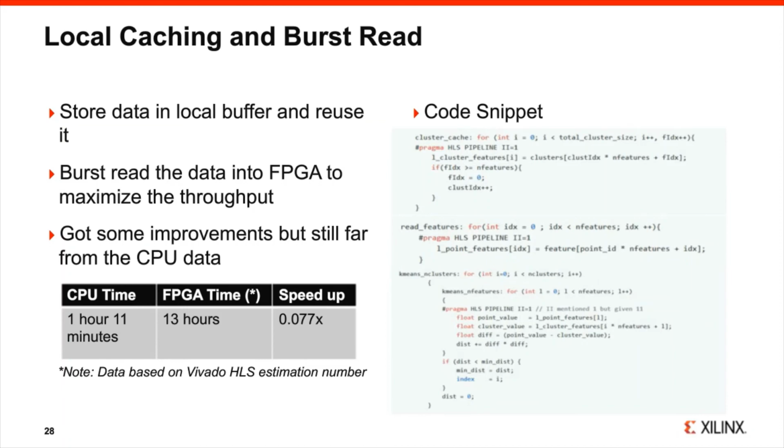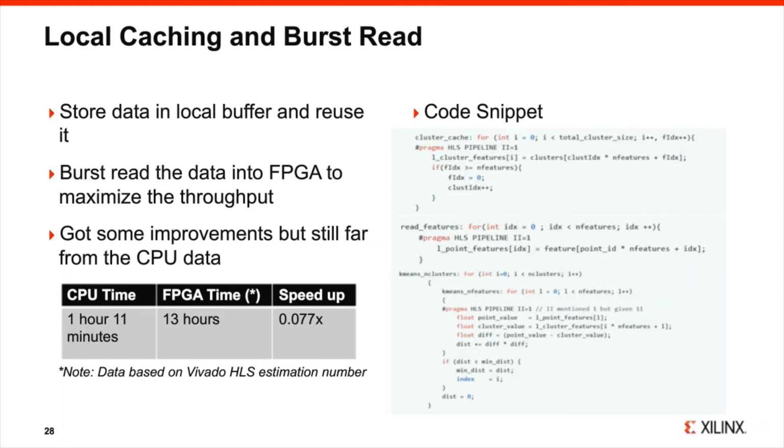As we can observe from the code, for every point, the data in clusters is read again and again. And so we decided to transfer this data stored in clusters and features to a local buffer. In this way, the II of the loop can be significantly improved.